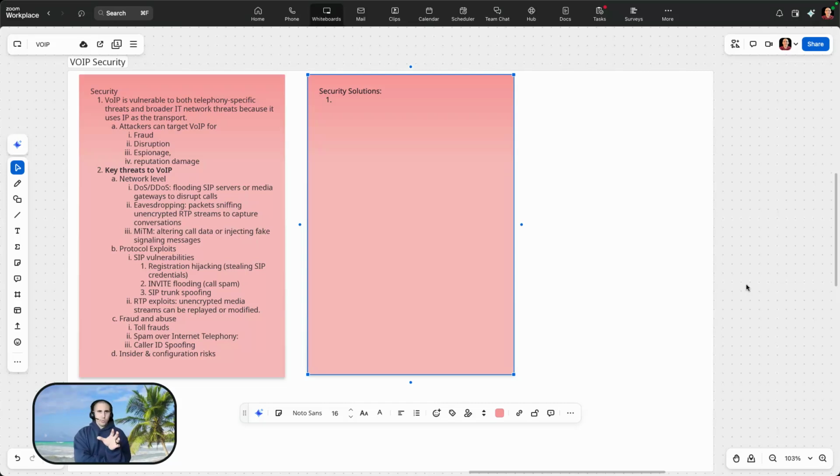So in the previous video, we talked about how voice over IP is incredibly convenient and incredibly powerful, but because it uses the Internet Protocol as its transport, it opens itself up to many security vulnerabilities and risks that, as security researchers and security professionals, we have to understand and just accept that this is the way the internet is.